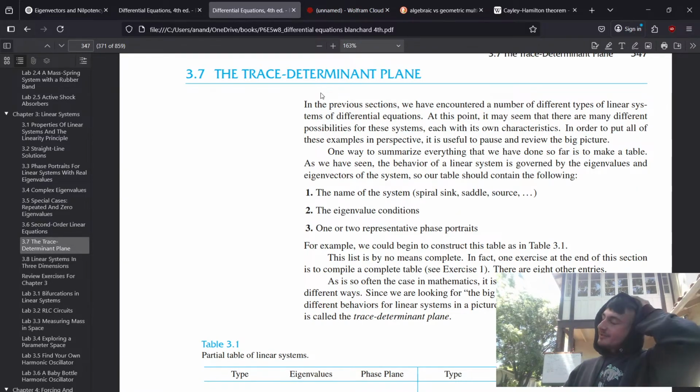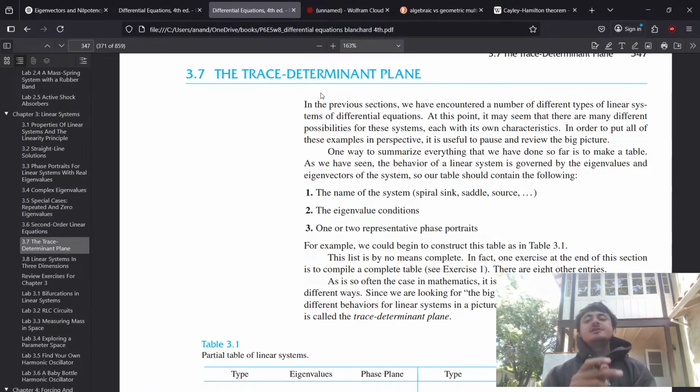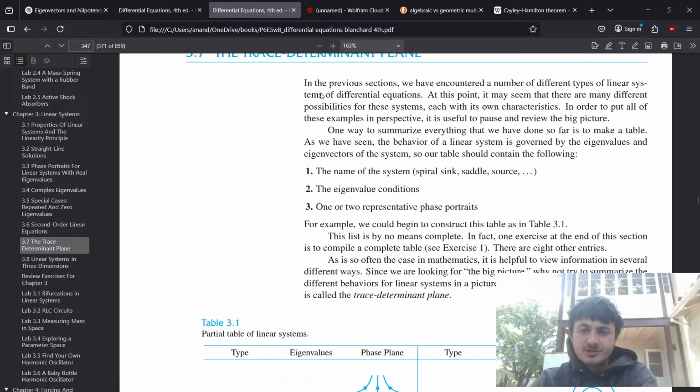In the previous sections, we've encountered a number of different types of linear systems of differential equations. At this point, it may seem that there are many different possibilities for these systems, each with its own characteristics. In order to put all of these examples into perspective, it is useful to pause and review the big picture.